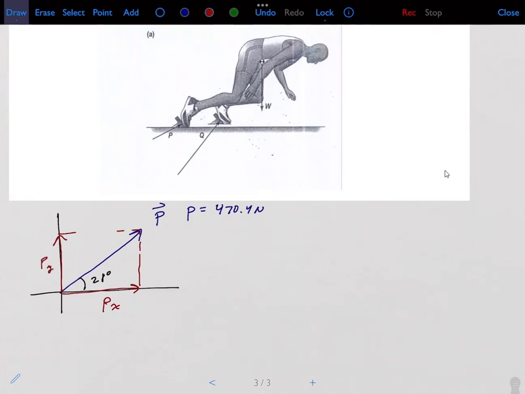And then if I do Q, it's also in the first quadrant, which is nice. So something like this, Q. It has a magnitude of 999.6 newtons. This angle is 51 degrees. And again, we want to find the components. So we want to find QX. So I'll project it onto the x-axis. This is QX. And project this onto the y-axis, QY.